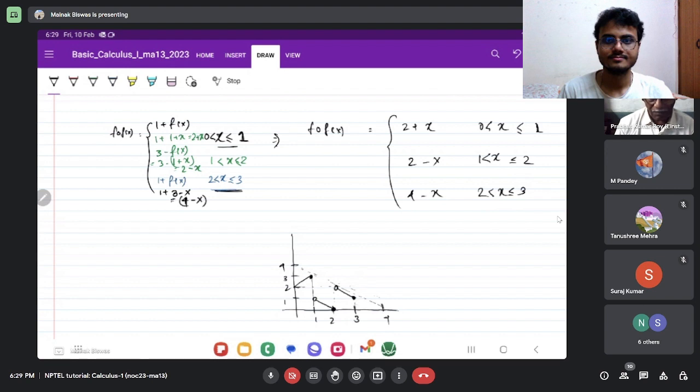So this is the function, right? So let's check once. First part of the function between 0 and 1, it's 2 plus x. You put value of 0, you get 2. Put value of 1, you get 3. Second part, 2 minus x, put 1, you get 1. You put 2, you get 0. Third part of the function is between 2 and 3, and that is 4 minus x. Put 2, you will get 2, and put 3, you will get 1.